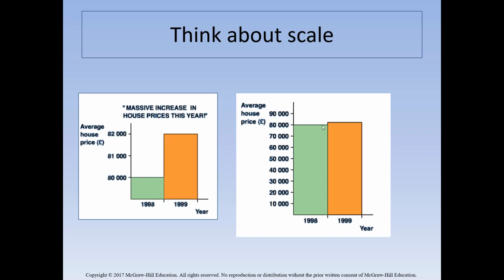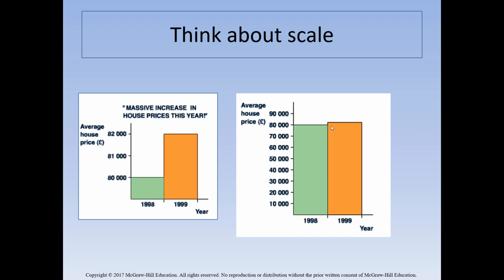But at the same time, in the second graph, you really can't see very much of the increase in detail. Here you can actually see, if you're reading the graph properly, there is this increase of $2,000. You could not read $2,000 from that second graph. So in reality, there's no real right answer there.